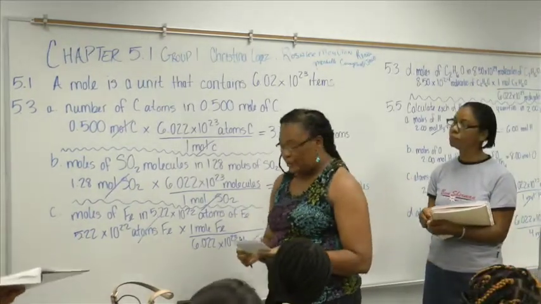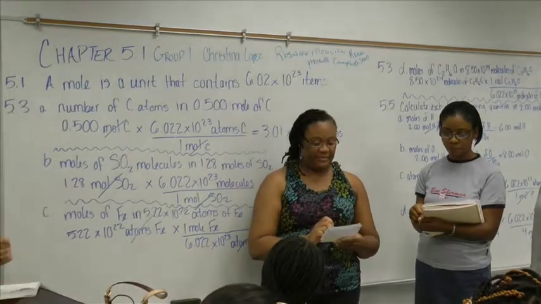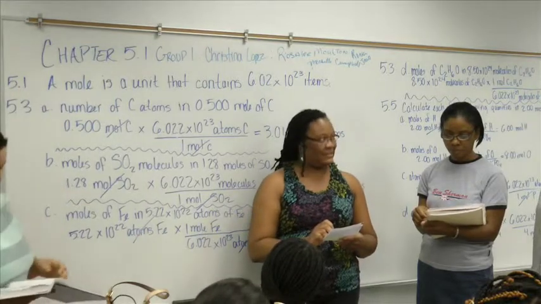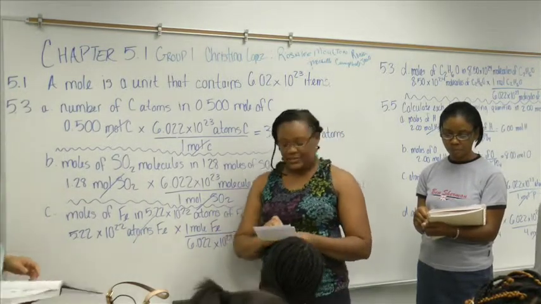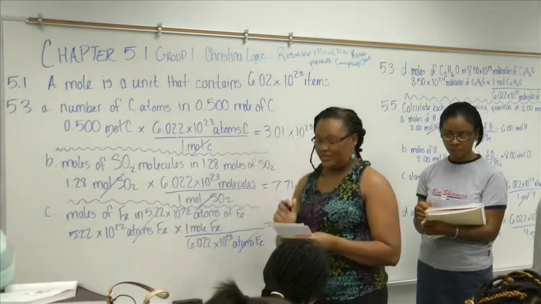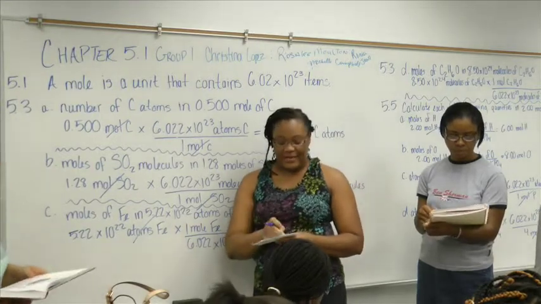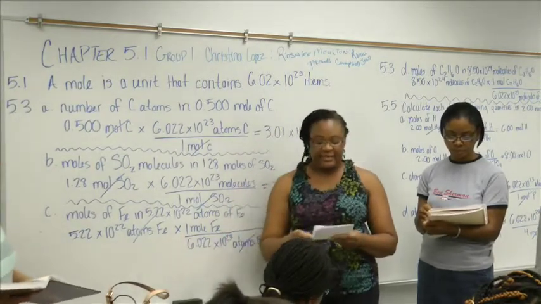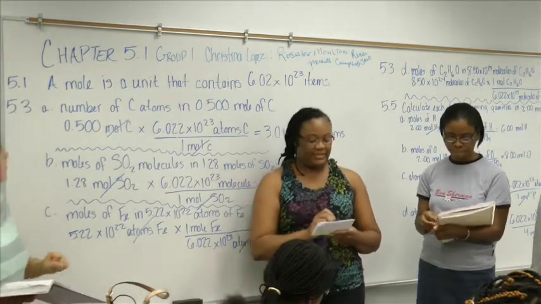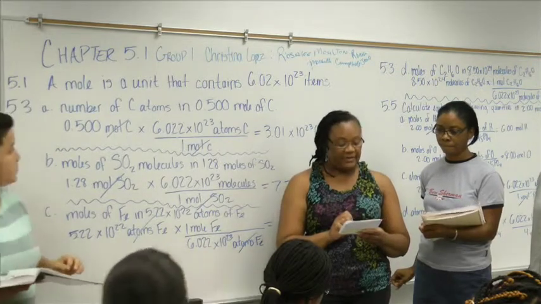Okay, our group is doing 5.1, which is about the mole. And what is a mole? A mole is a unit that contains 6.0 times 10 to the power of 23 items. 6.02 times 10 to the 23 equals Avogadro's number. A mole of an element contains 6.02 times 10 to the power 23 atoms.